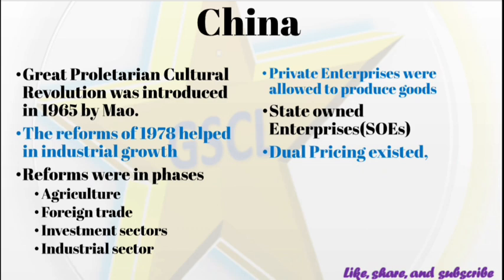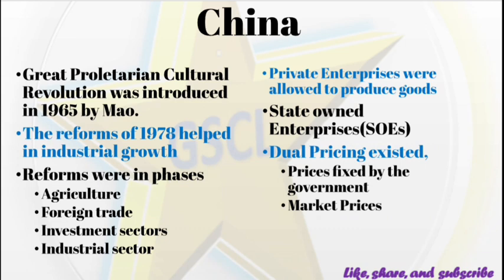Farmers had to buy fixed quantities from the government as well as sell fixed quantities of their produce at the prices the government fixed, and the rest of the stock was to be bought and sold at market-driven prices. That is, the price that might get fixed due to demand and supply situation.